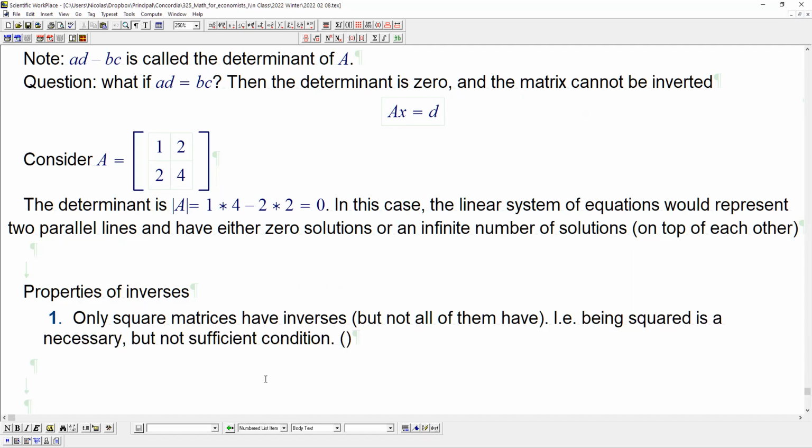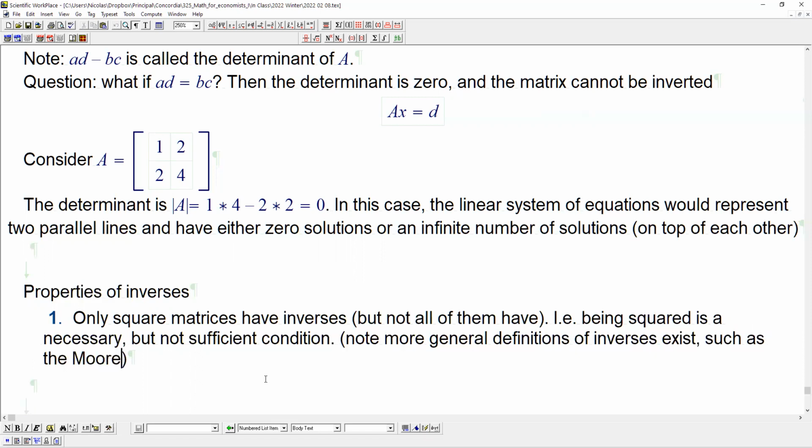Note, this is for your own knowledge. If you're stuck with a matrix that cannot be inverted, there are other types of inverses, such as the Moore-Penrose inverse. Penrose won the Nobel Prize in Physics in 2020.